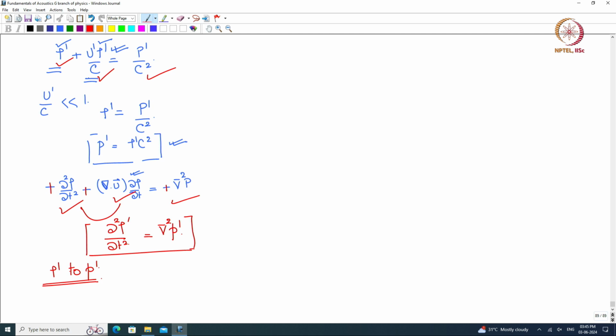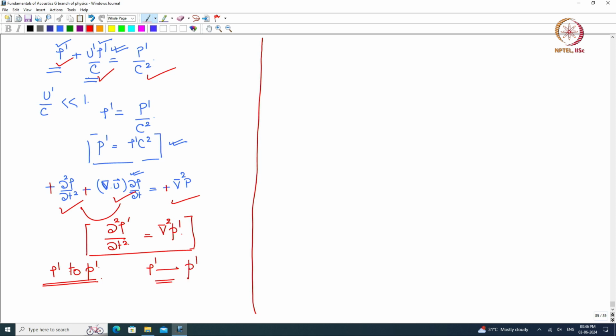Now let us see here. Here we will need the process, the process by which the perturbed density becomes perturbed pressure. That is what we need over here.